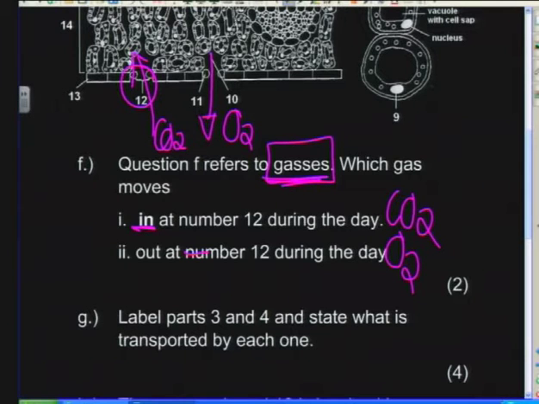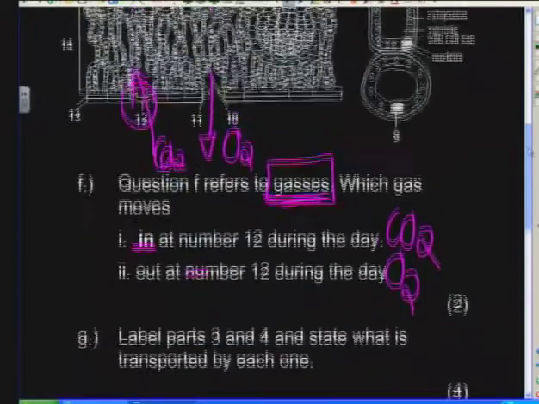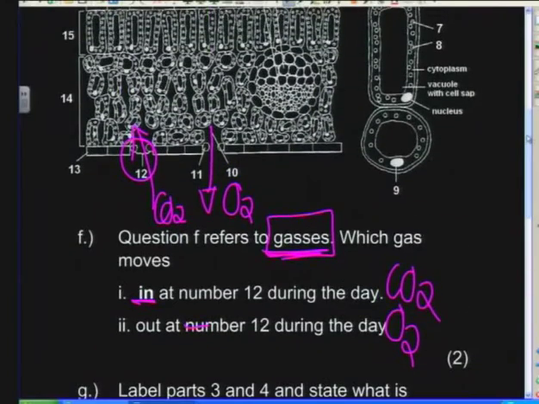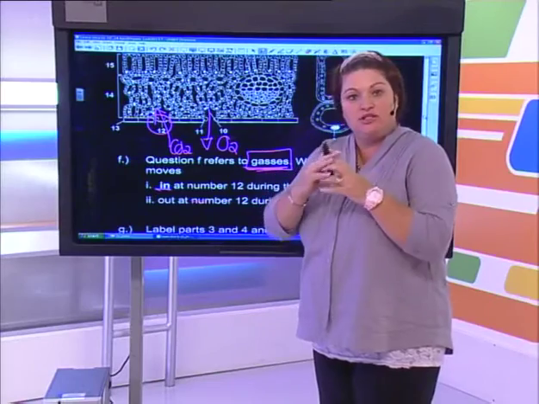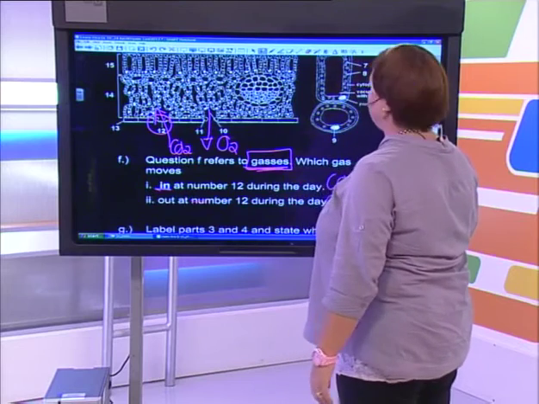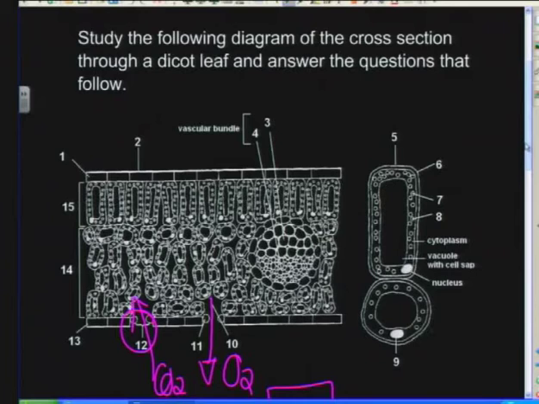Label parts 3 and 4 and state what is transported by each. The word there, transported. So we know it's going to be my vascular bundle. The biggest problem here is you get the two confused.